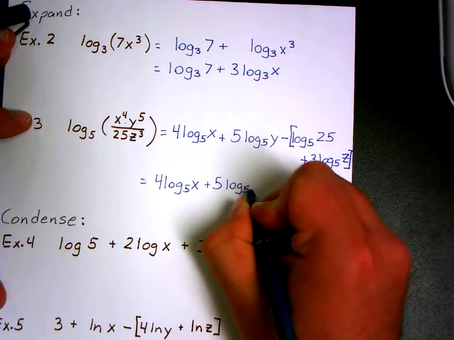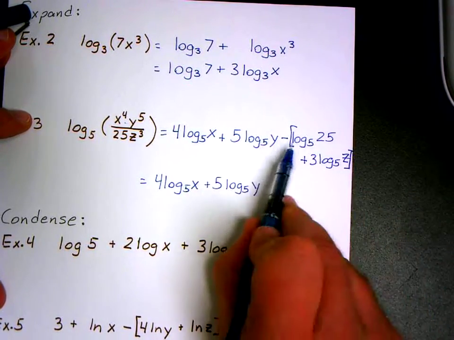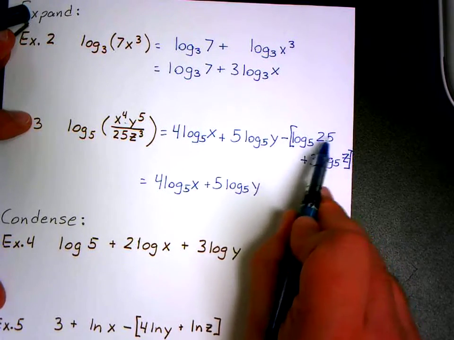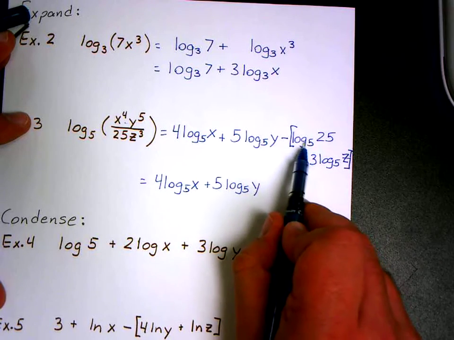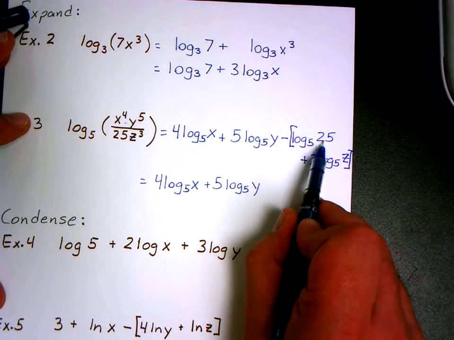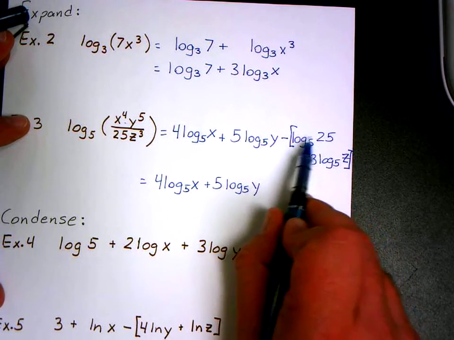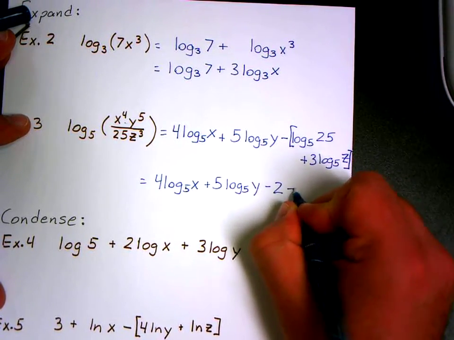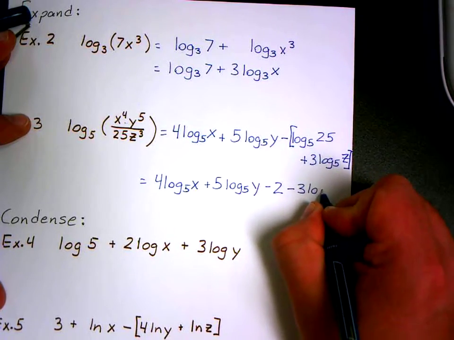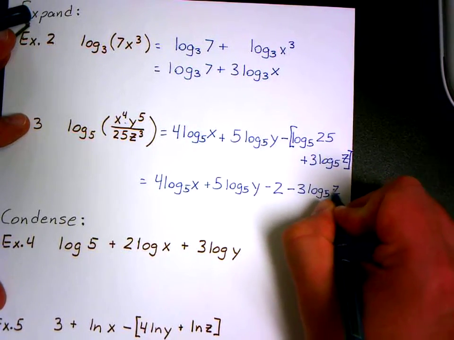So your division, whenever you have multiple things on the bottom, you can either write it like this, or you can distribute that negative sign through and put a minus sign on both of them. And also this log base 5 of 25 needs to be simplified because that's 2. So I'm going to put a minus 2 minus 3 log base 5 of z.